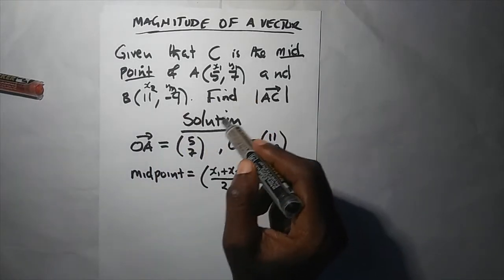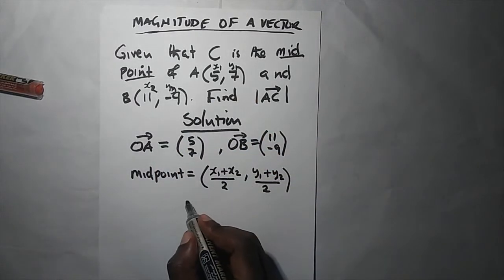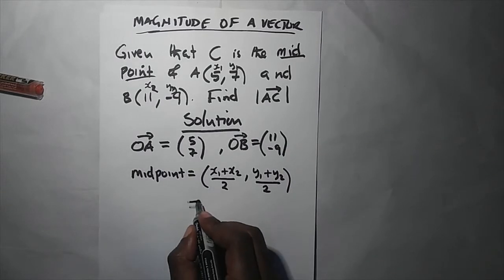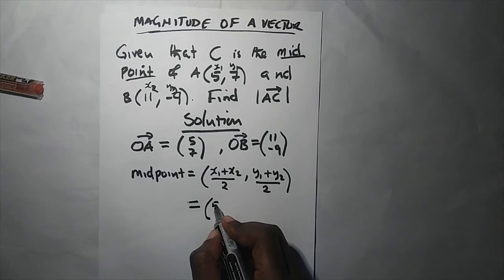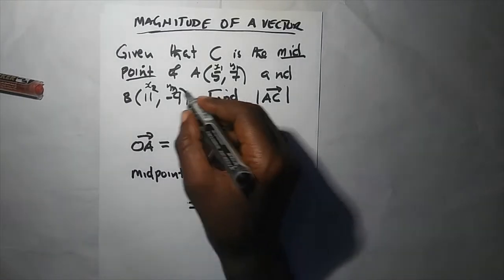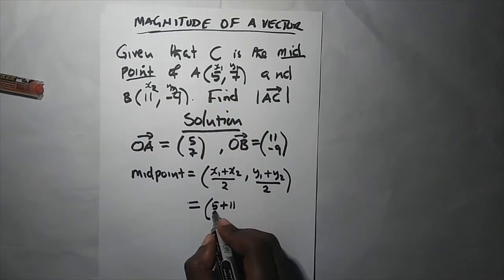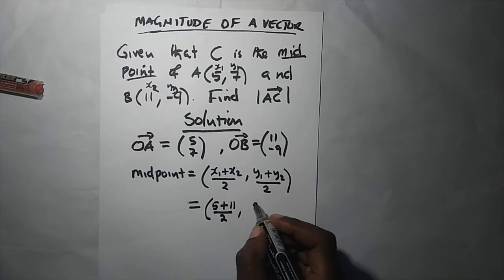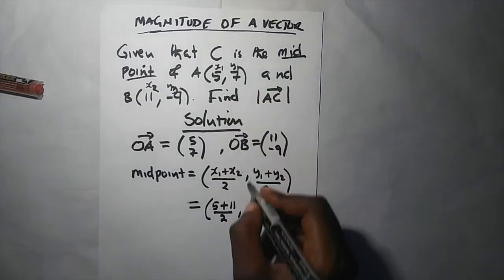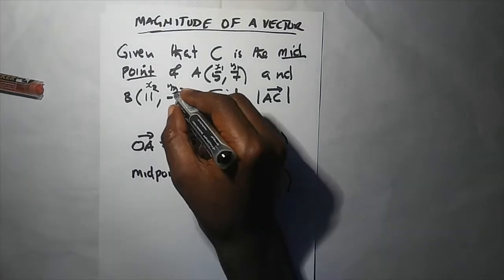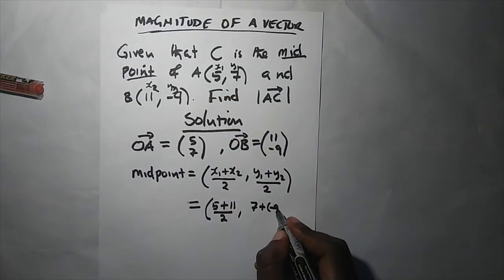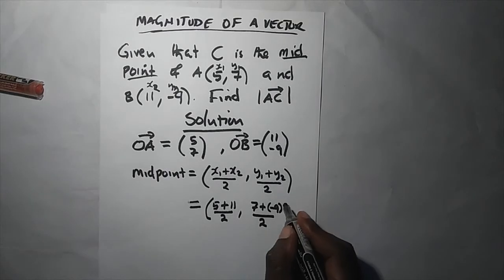And so we are going to substitute these in this formula for the midpoint. Our x1 is 5, our x2 is 11, over 2, comma, our y1 is 7 plus our y2 is -9, over 2.